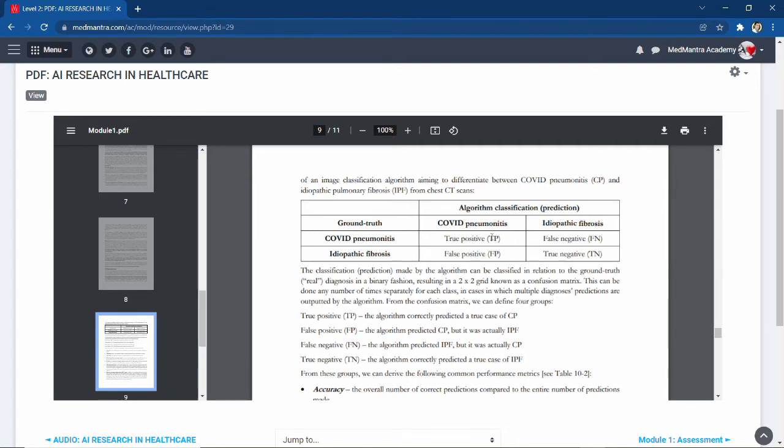If these values are high, then it means the algorithm is good in correctly classifying the ground truth. And these values are the false values, false negative and false positive.